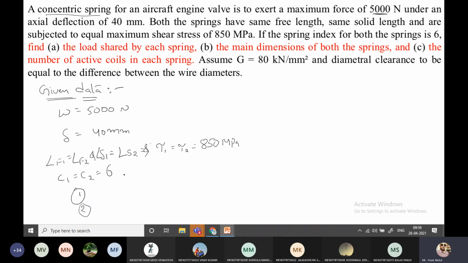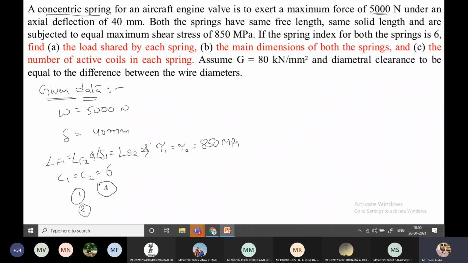The second question is the main dimensions of the spring.